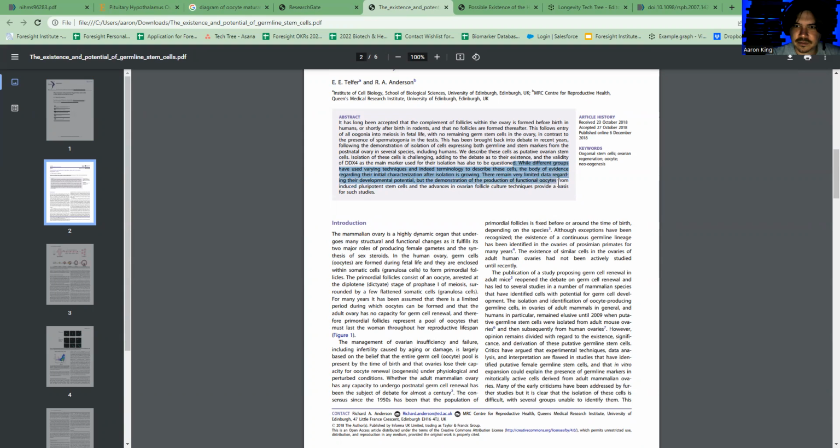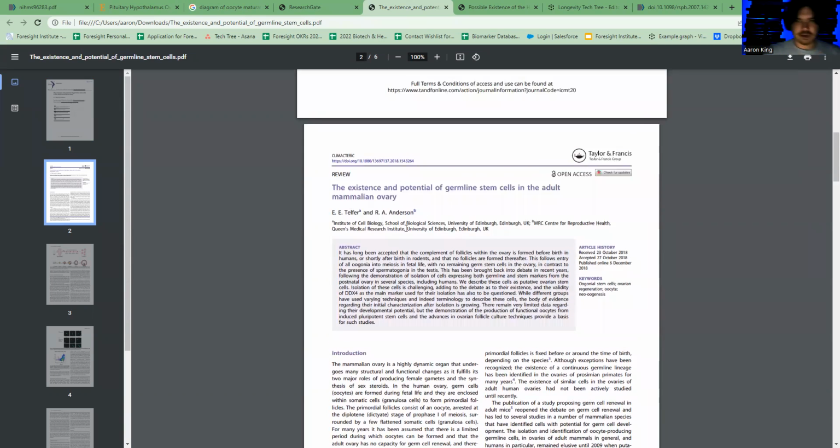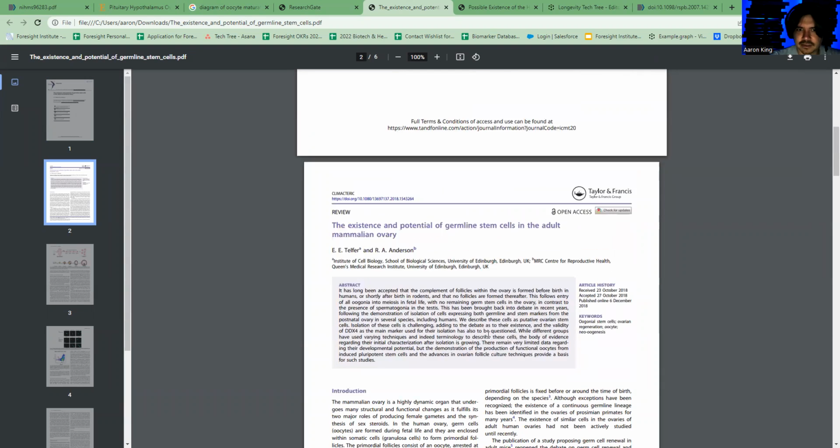Induced pluripotent stem cells and enzymes in ovarian follicles as a basis for such. One thing to remember here is that regardless of whether ovarian stem cells exist, there still is attrition. So either they're not being used for some reason if they exist, or they just don't exist.